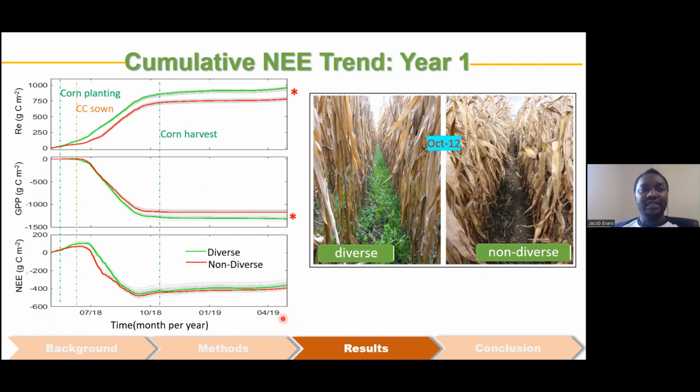We see the cumulative values for the first year, which is the corn year. The bottom graph here shows the cumulative NEE, and the other two show the partition. Remember, we said that NEE is composed of RE and GPP.